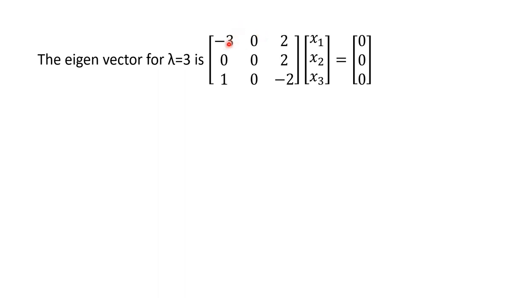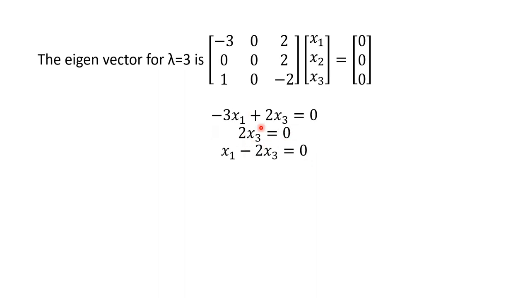Now the eigenvector for lambda equal to 3: take A - 3I into x1, x2, x3. A - 3I is [-3, 0, 2; 0, 0, 2; 1, 0, -2] into x1, x2, x3 equal to 0, 0, 0. That is -3x1 plus 2x3 is equal to 0.